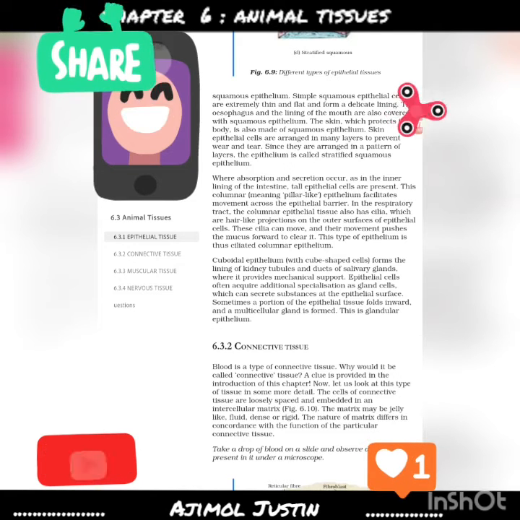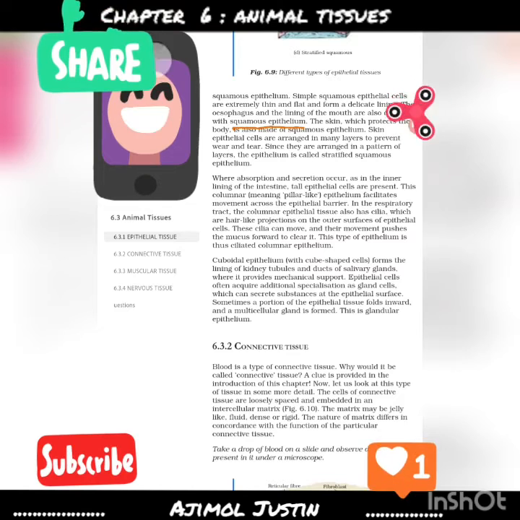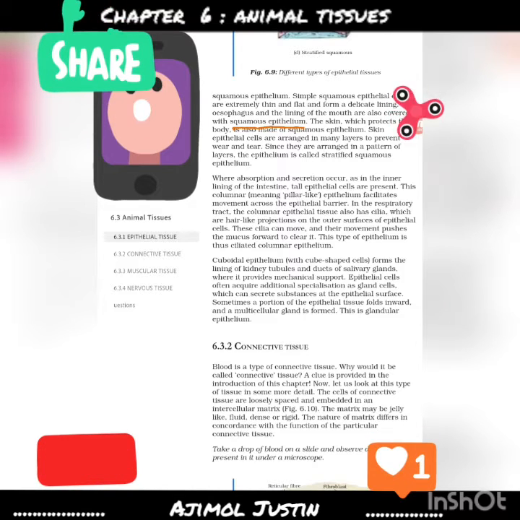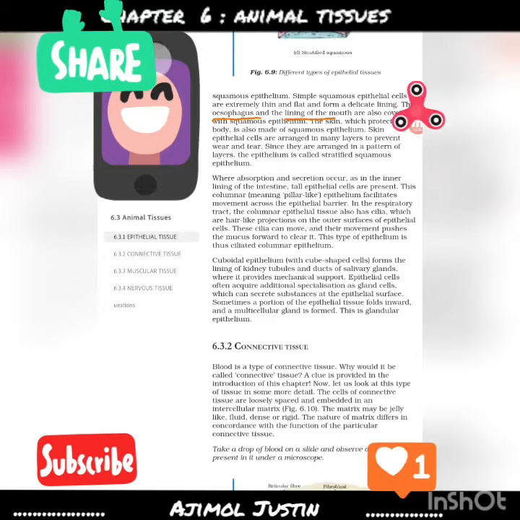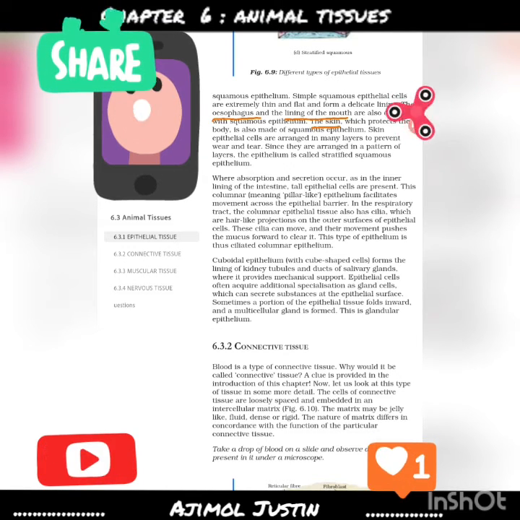These two are covered with squamous epithelium. Now the next, skin. Skin is also made up of squamous epithelium.